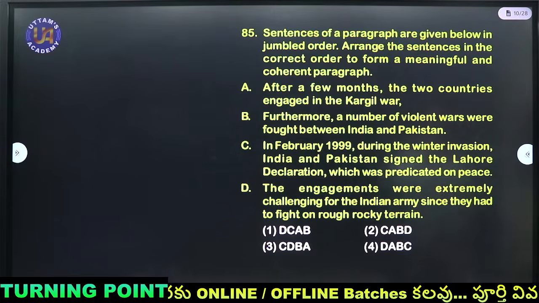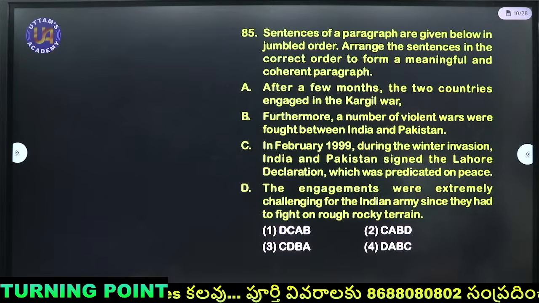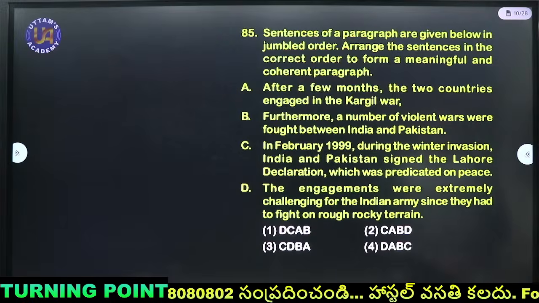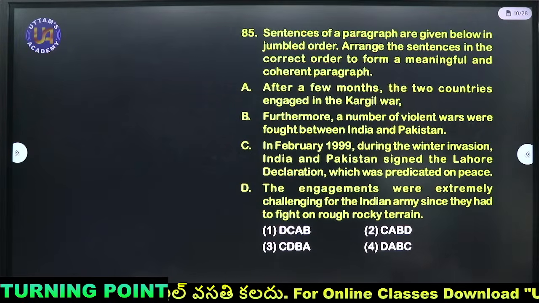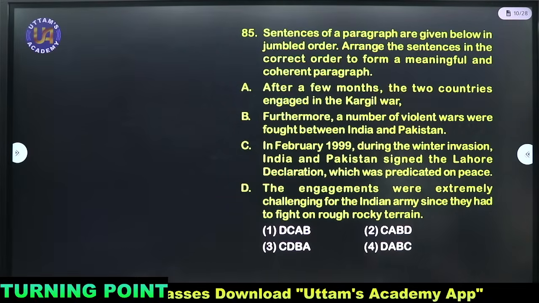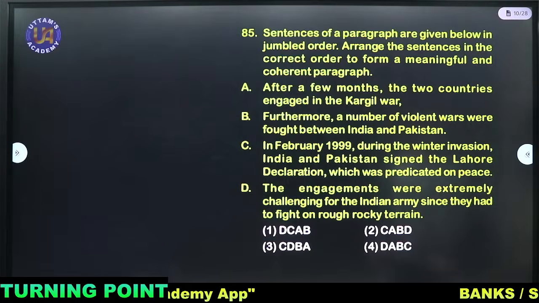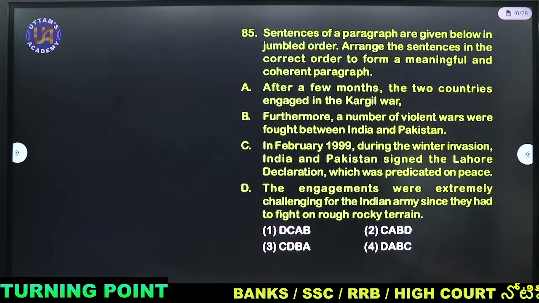Sentences of a paragraph are given and we must arrange them in the correct order. Let us read the sentences. After a few months, the two countries engaged in the Kargil war. Furthermore, a number of violent wars were fought between India and Pakistan. In February 1999, during the winter invasion, India and Pakistan signed the Lahore Declaration, which was predicated on peace.